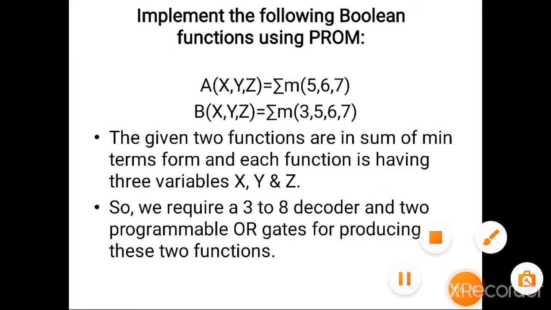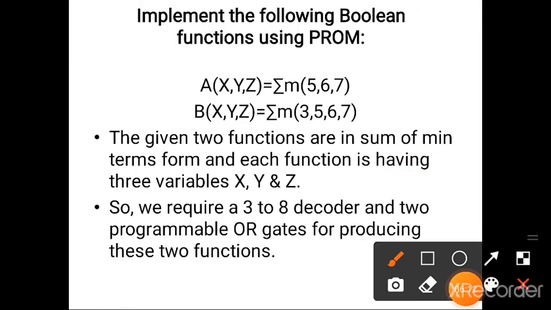Here is the implementation of a Boolean function using PROM. PROM is a programmable read-only memory. Here we are giving two equations, A and B. Two functions are there, one that uses three variables x, y, z, and another function B that uses x, y, z.